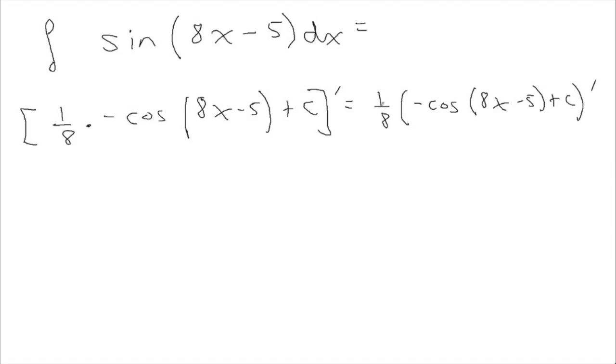This makes it seem like the 1/8 was being multiplied by both the cosine and the c. Do you see why I would say that? Because the c is also in the parenthesis. So here's what you should have written instead.